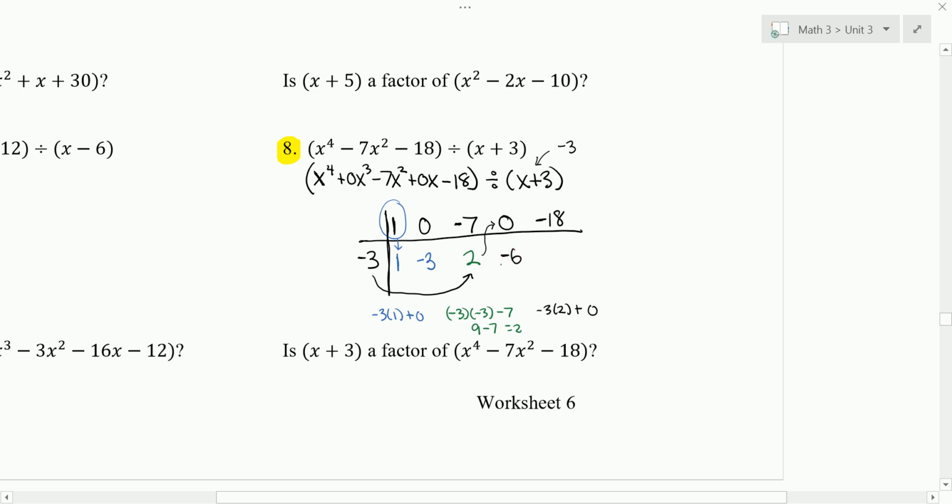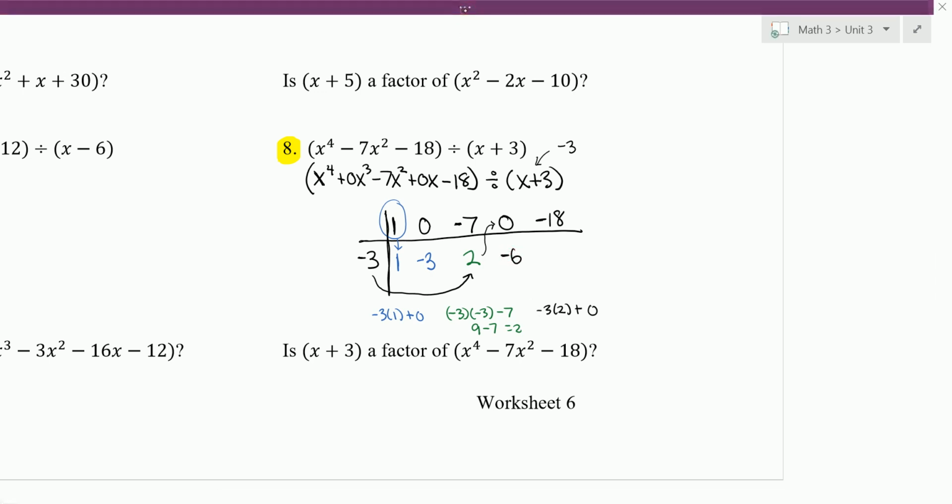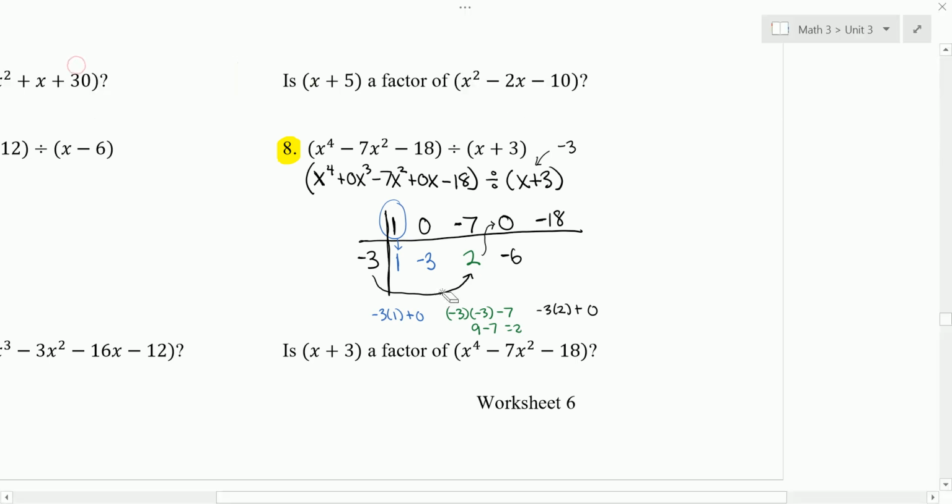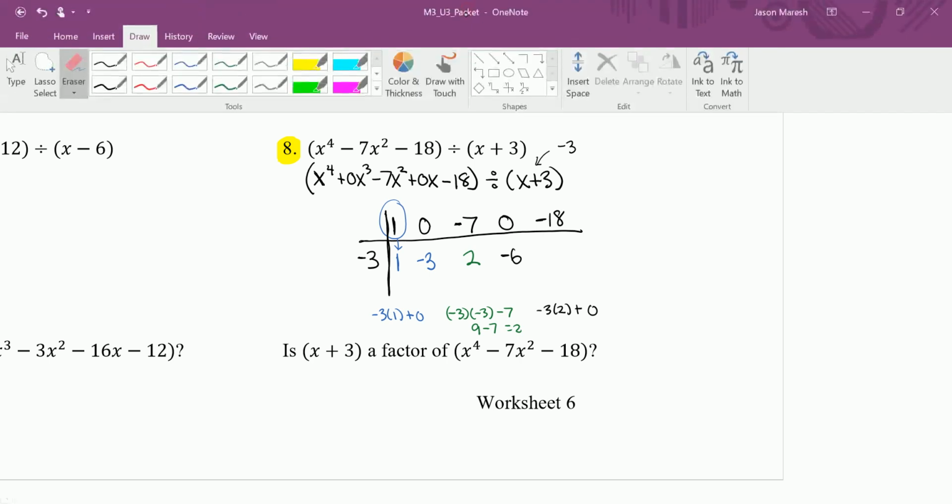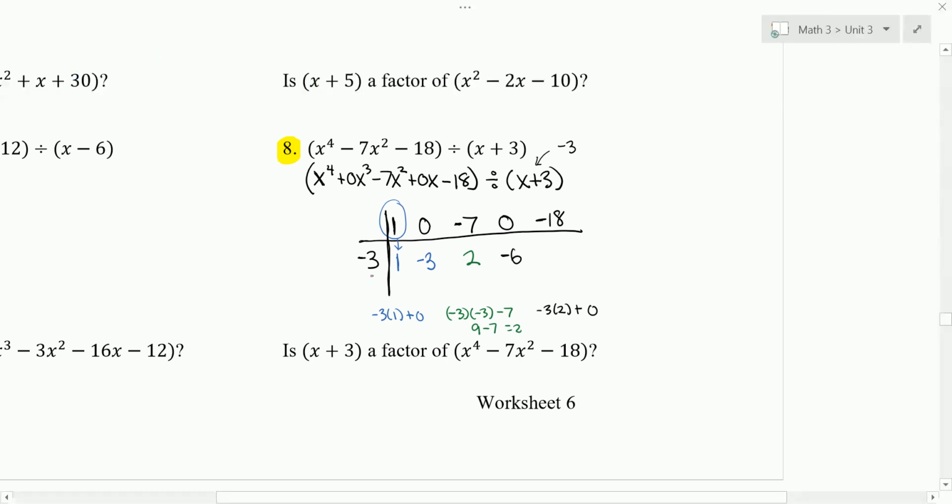And write the negative 6 below the 0. And then one more time. Negative 3 times negative 6. And add that to negative 18. So it's 18 minus 18, which is 0.